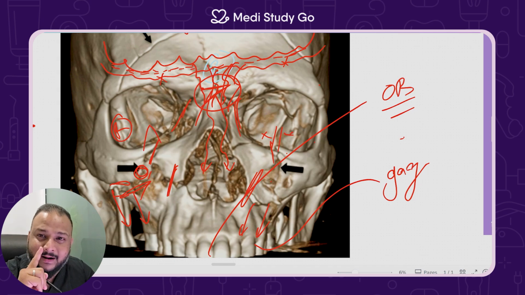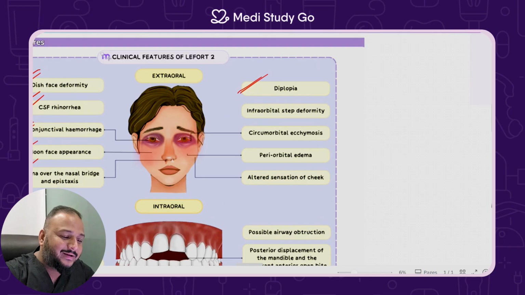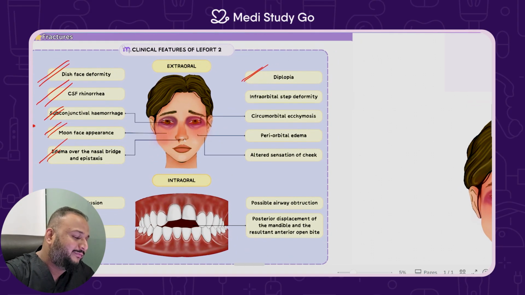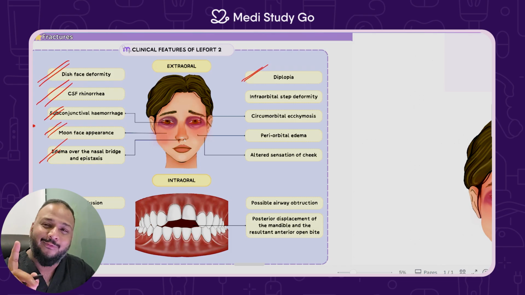If it gets entrapped, your eyeball is unable to move and you get something called a binocular diplopia. However, if you have an injury to your eyeball, to your retina or your lenses, it's going to be called a monocular diplopia, which is far more dangerous than a binocular diplopia.